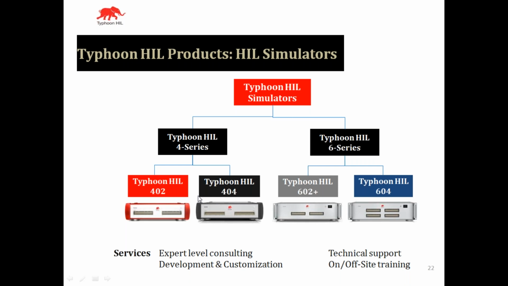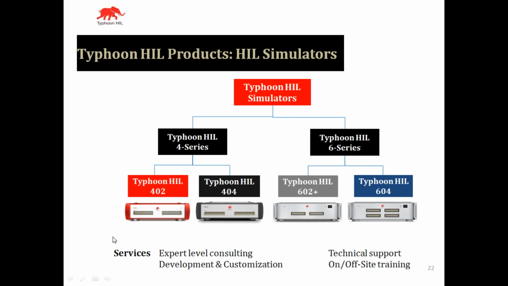For 6 series we can have 6 3-phase 3-level converters, simulation time step down to 500 nanoseconds. For 602 plus, 8 3-phase 3-level converters, simulation time step down to 500 nanoseconds, for 604.